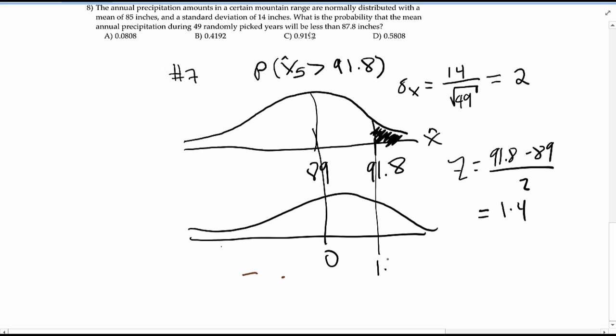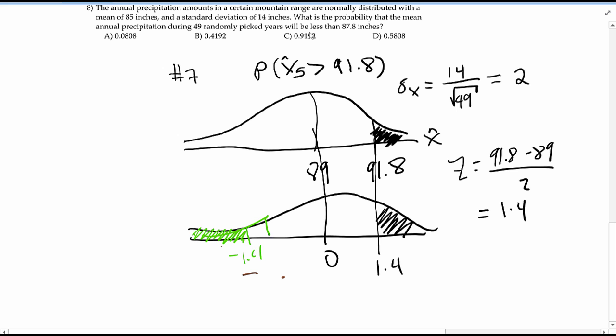So this area right here, I need to find this area. Notice that by symmetry, if I don't want to read the positive table and subtract from 1 like we did in the example above, this green area below the tail area in the negative table for a z-value of negative 1.4 is the same as this one.